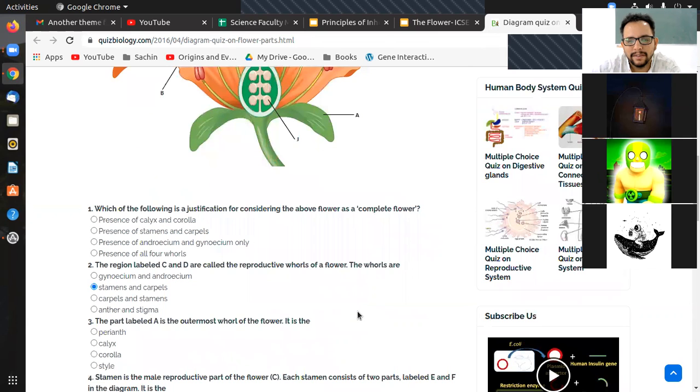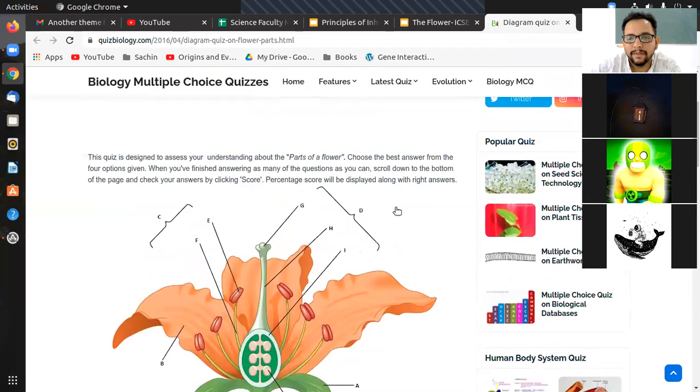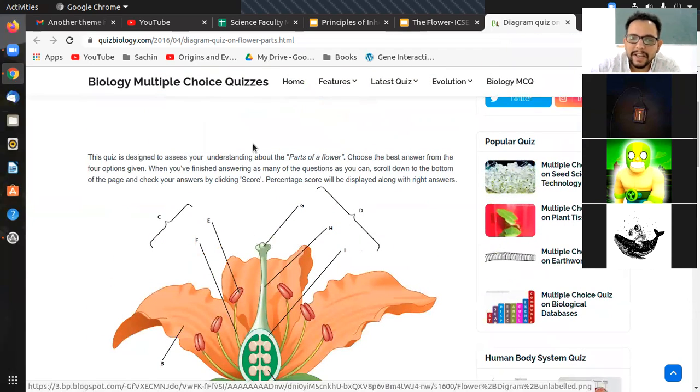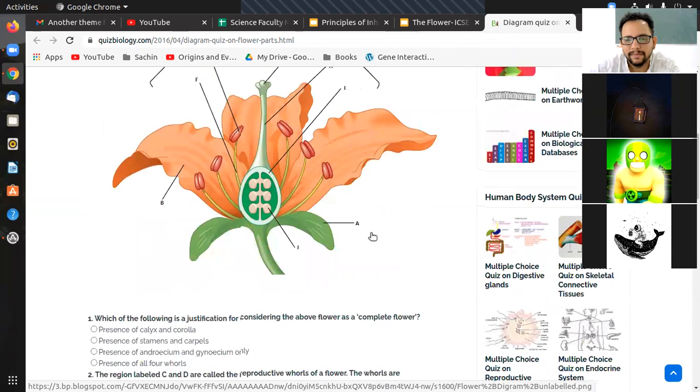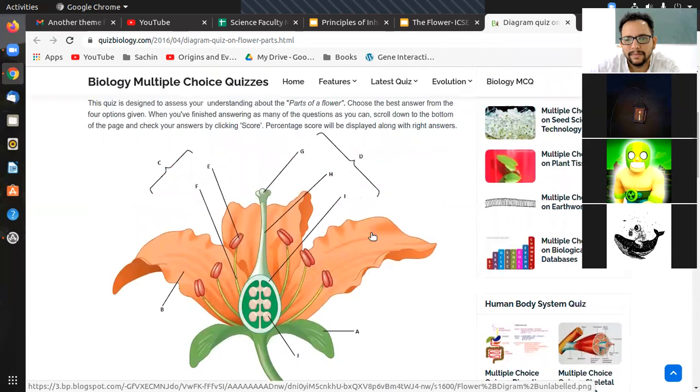It will be gynoecium and androecium when they are collective. When they are asking for D and C, that would be the correct option. They have asked for C and D in sequence. So carpel and gynoecium are interchangeable, because if the flower has only one, obviously there is only one gynoecium and one carpel.